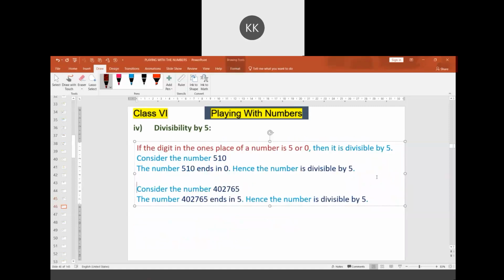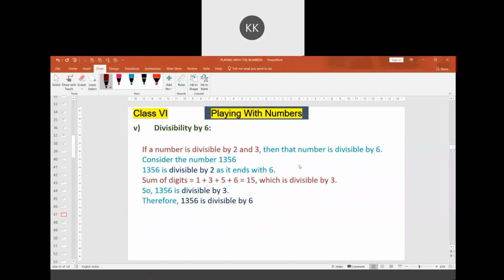Okay. Now let's discuss the test for divisibility by 6. Whenever a number is divisible by both 2 and 3, then the number is divisible by 6. This concept should be known to you.